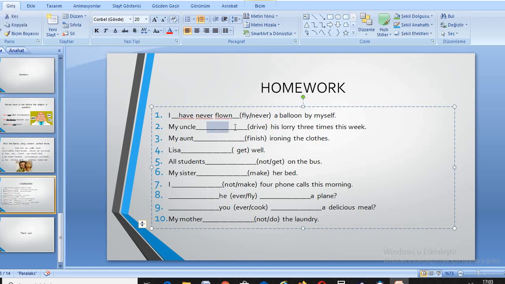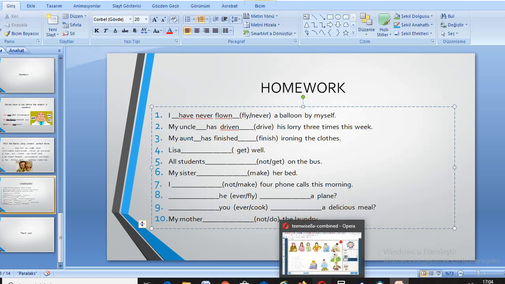My uncle, he, so we use has driven. My aunt, so it's she has finished ironing the clothes. Good. So you can do the rest.